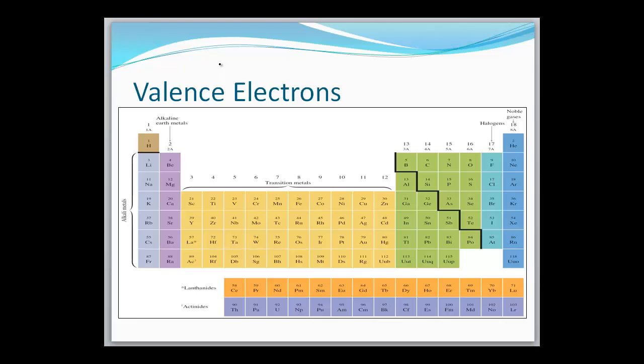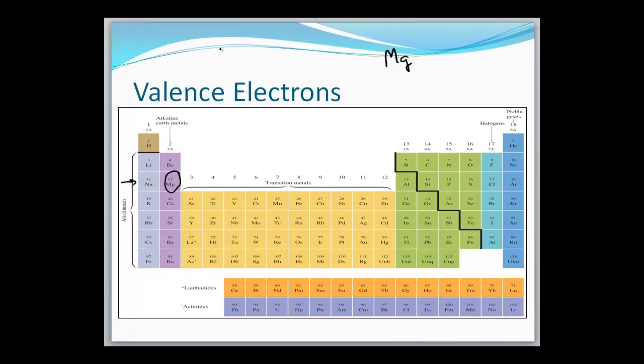Okay, so the first thing we want to do is take a look at valence electrons. So valence electrons, if you remember from previous units, are the electrons in the outermost shell. So for example, let's say we're talking about magnesium. Magnesium is here, which means it has 3 energy levels.